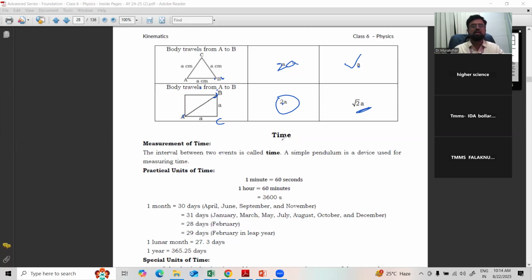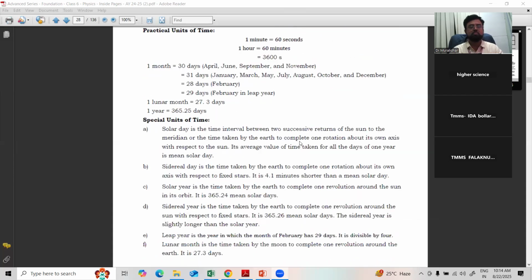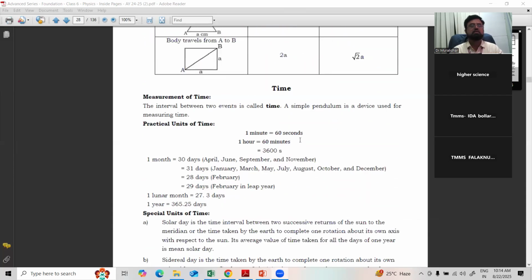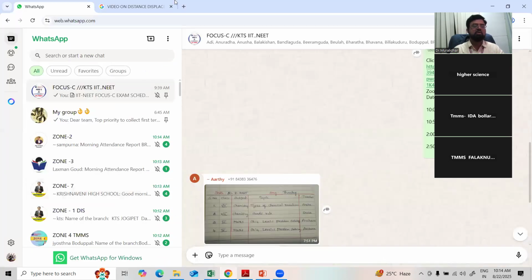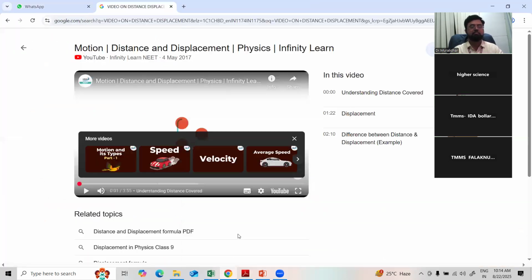Clear? Like that, for any shape, we can find the actual path and the shortest path. That is about distance and displacement. Before going to the next topic, we'll watch one video on this and see the major differences between them.